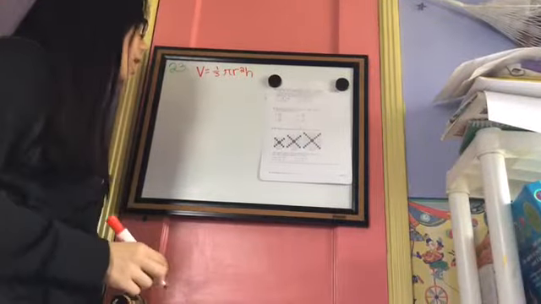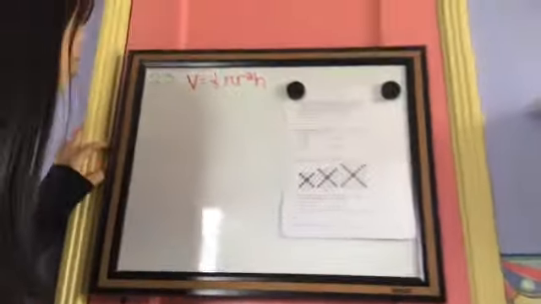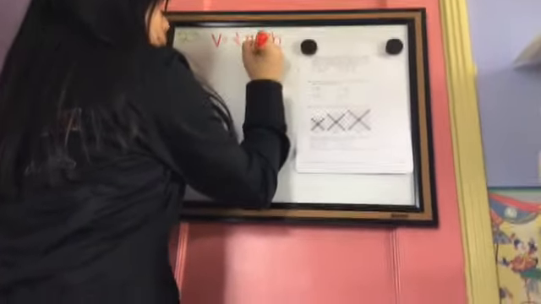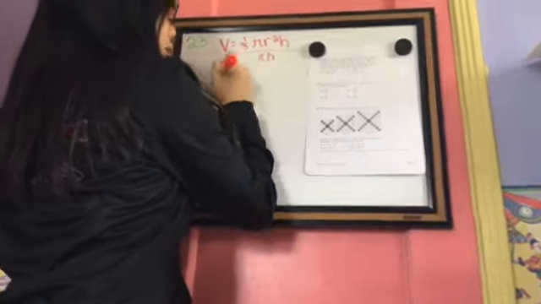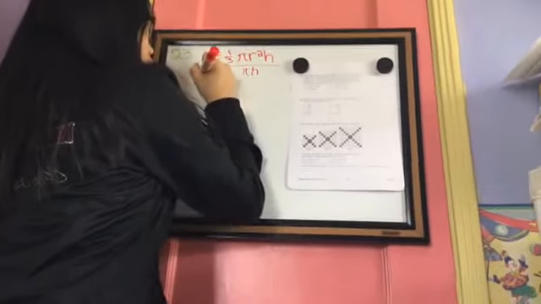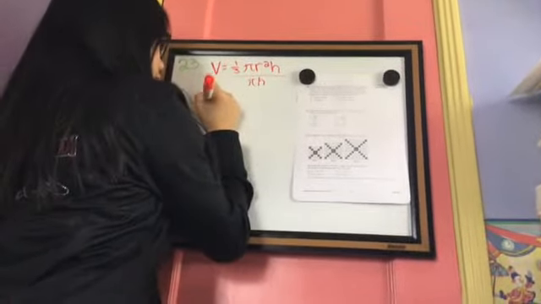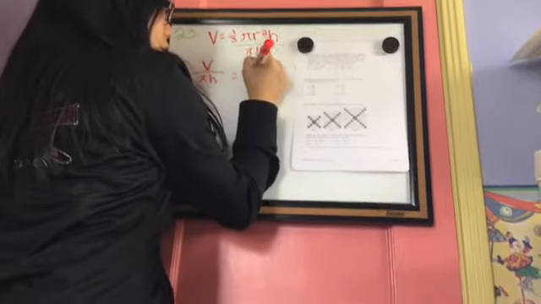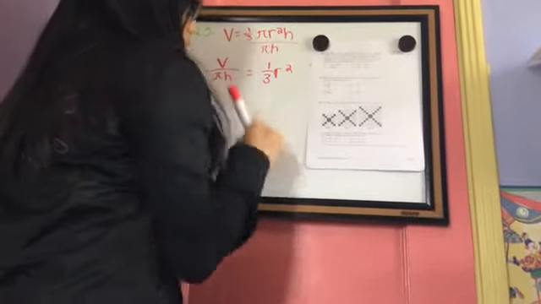So number 23 asks for us to express this equation in terms of R, which is basically just solving for R. So first what I'm going to do is divide this side by pi times height. So V over pi times height equals 1/3 R squared.